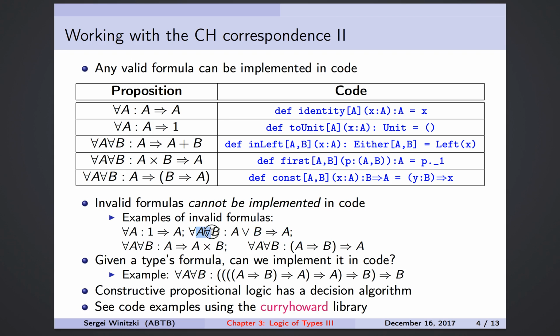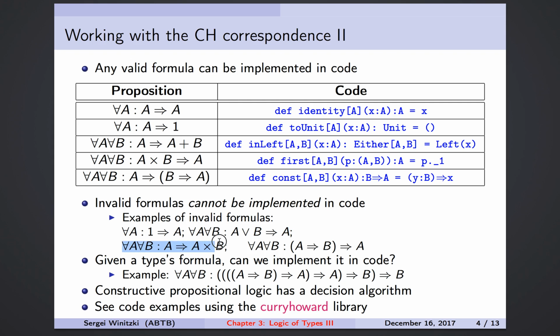So for all A, for all B, if you have A or B, this is the OR symbol, the logical disjunction, then A follows. Well, that is not true, because if you have A or B, it doesn't mean you have A. You might have B and no A at all. And then you would not be able to produce a proof of A, because you only have a proof of B, and A and B are completely different. So A could be false and B could be true. You could not possibly produce a proof of a false statement here.